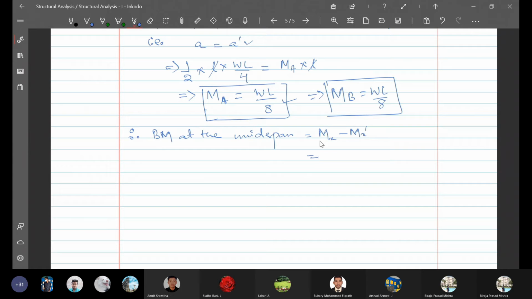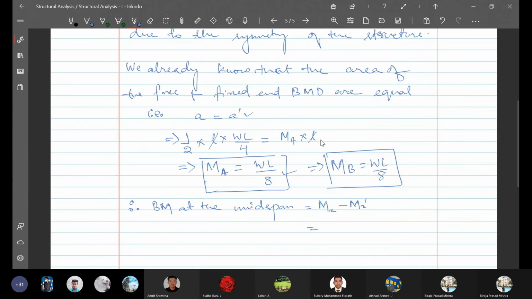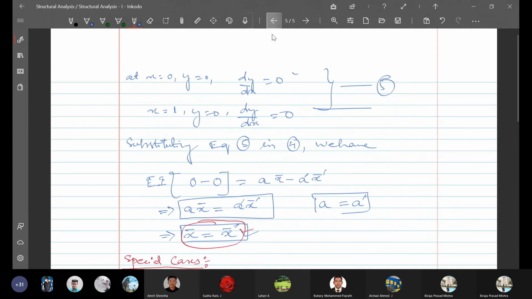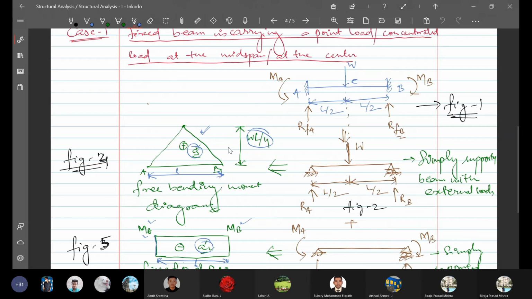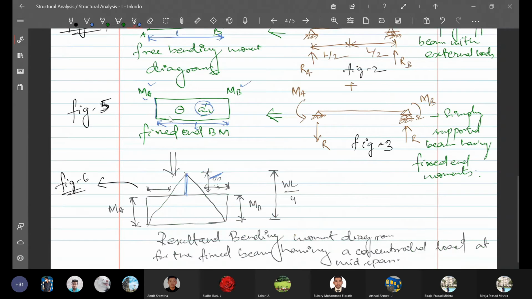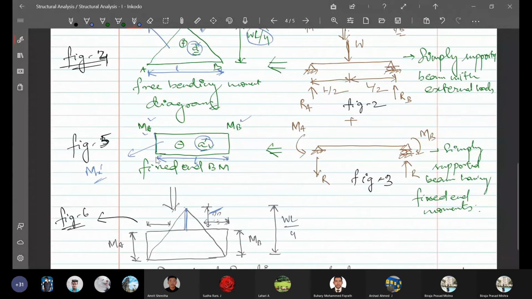What is Mx? This one we call Mx, that is the free bending moment diagram. And this one we call Mx bar, that is the fixed end bending moment diagram.